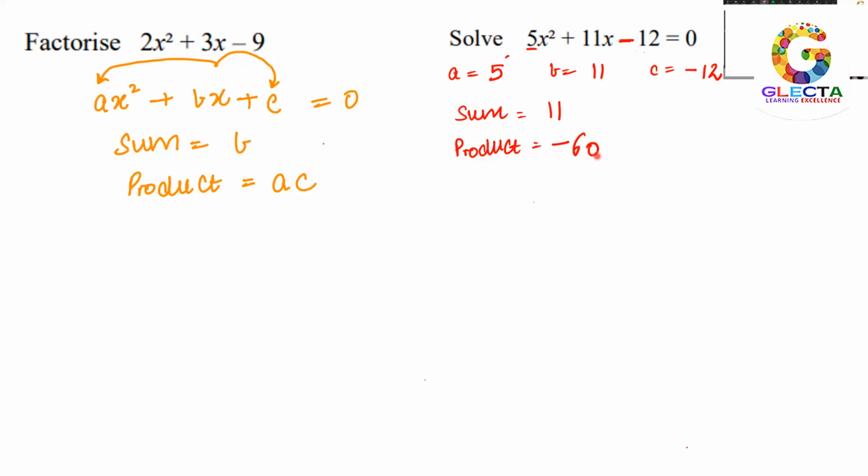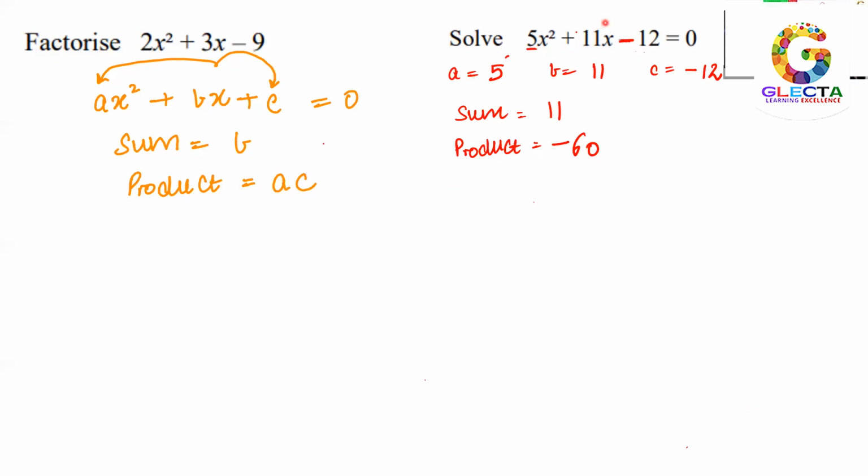Now I would want Tam to tell us, can you find two such numbers where I add them up, I get 11, and multiply them, I get negative 60? 15 and minus 4.